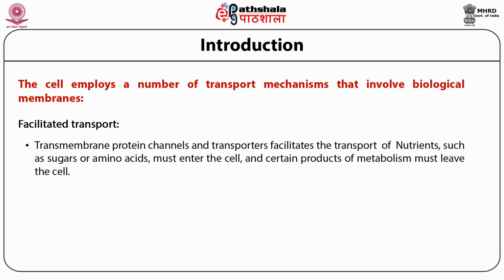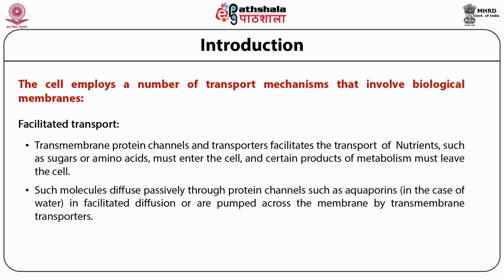The transmembrane protein channels and transporters facilitate the transport of nutrients such as sugars and amino acids. Such molecules diffuse passively through protein channels such as aquaporin, which is used for water transport. In facilitated diffusion, it occurs across a transporter or facilitating protein.